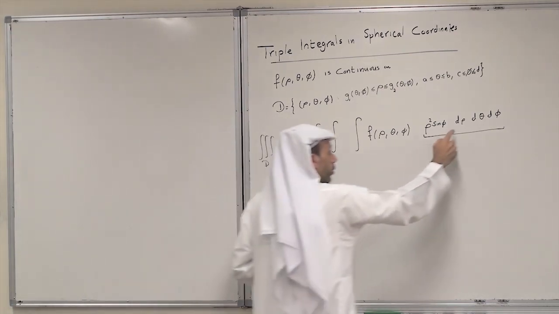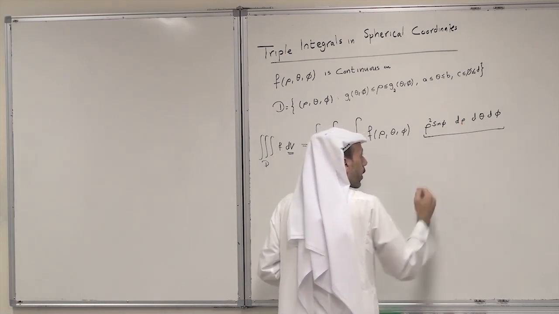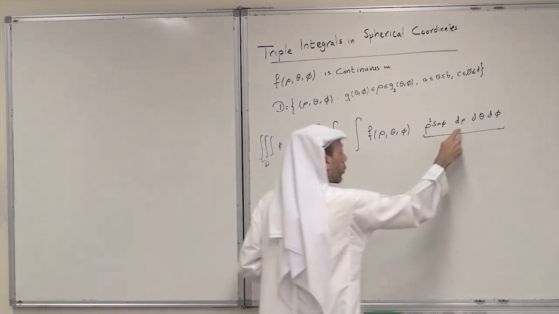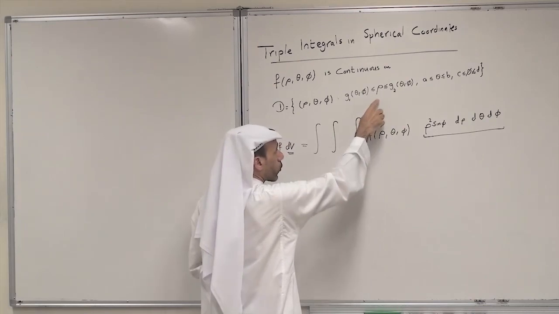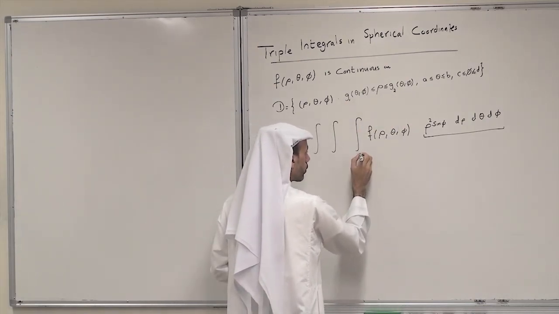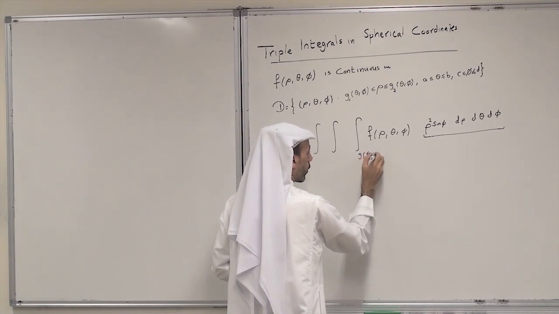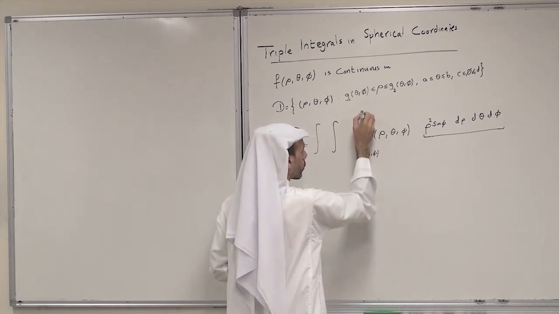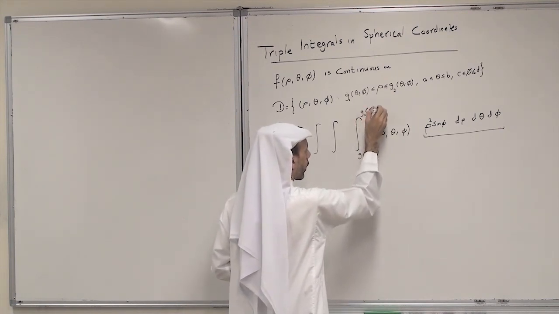Now, what are the limits of rho, theta, and phi? Well, the inner will go with rho as usual. So the limits of rho are g1 of theta and phi to g2 of theta and phi.